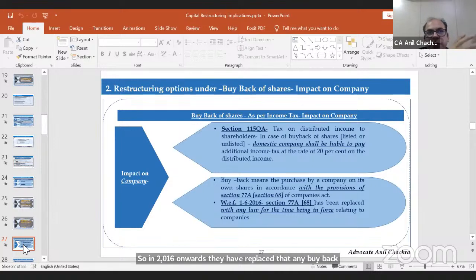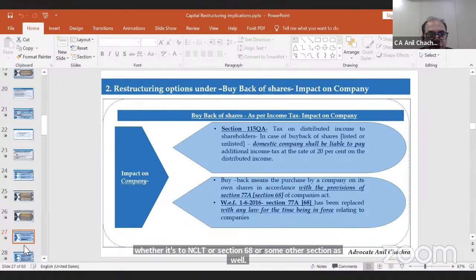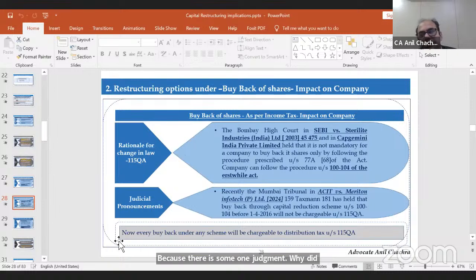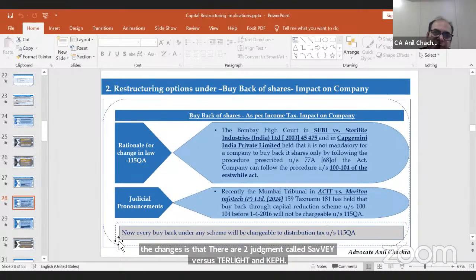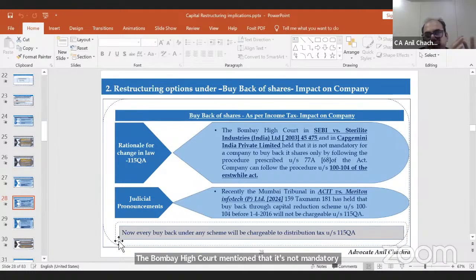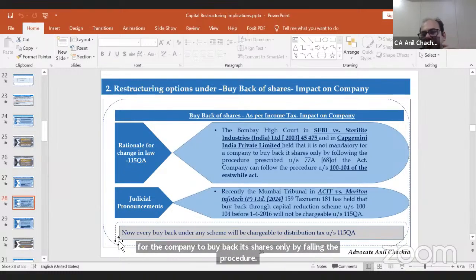What is the meaning of any buyback? Any type of buyback, whether it's through NCLT or Section 68 or some other section as well. The rationale for making the changes is that there are two judgments, SEBI versus Sterlite and the Capgemini case. The Bombay High Court mentioned that it's not mandatory for the company to buy back its shares only by following the procedure mentioned under Section 77A or Section 68 of the Companies Act.